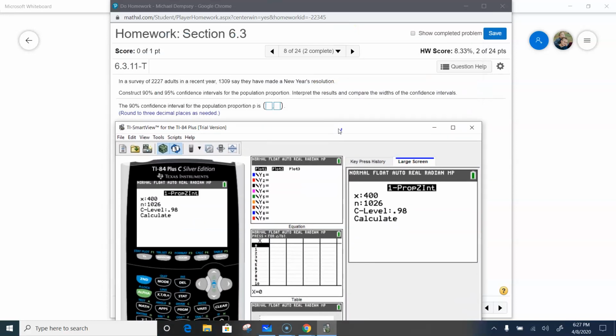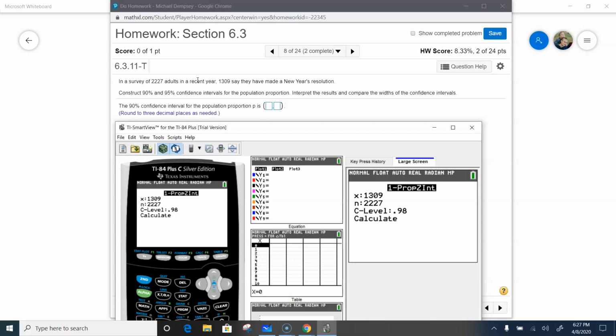We only use that t distribution for means. So the x here is the 1,309 that said they made a New Year's resolution. Okay. Our n is our sample size, 2,227. Okay, and our confidence level, we're going to do both.